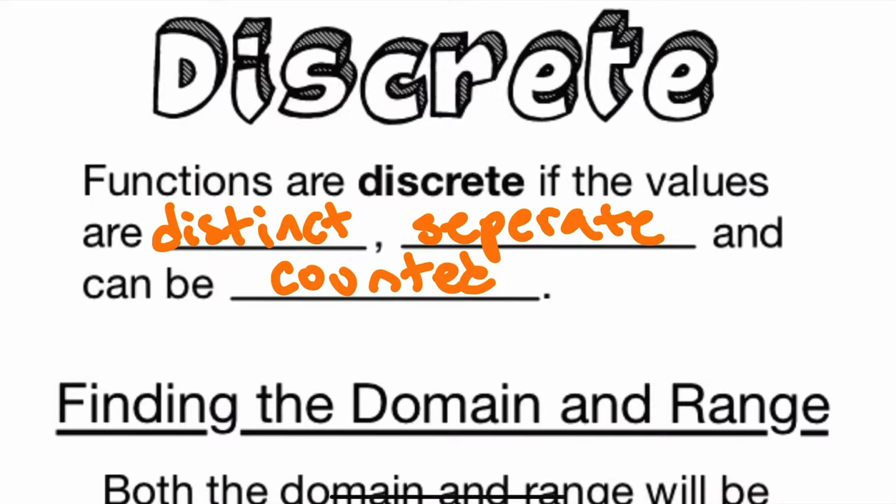So basically, if we see numbers, like we could point out that this is a 1, 2, 3, 4, whatever. If you could point out numbers, that means it's discrete, okay? So if it's presented in a table, a map, as points, or if they are points on a graph, that means it's going to be discrete because we can literally count the numbers that are included, okay?